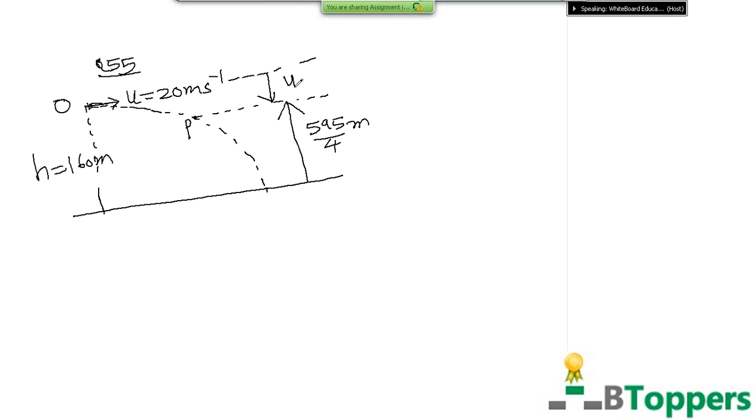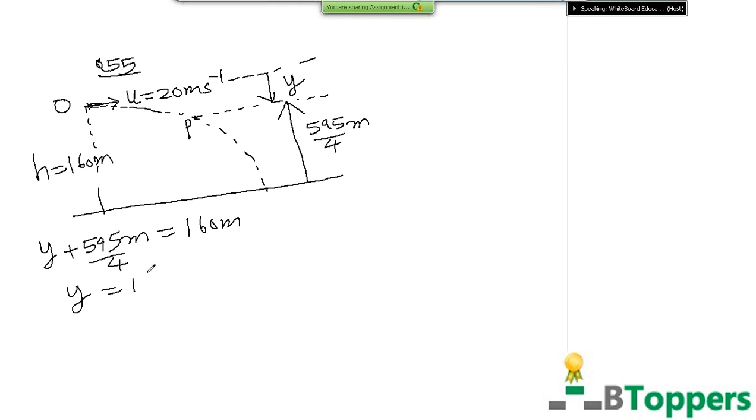Let small y denote the magnitude of the displacement in the vertical direction when it reaches the point P. The displacement y in the vertical direction is measured from the initial position O. So from the figure you can observe y plus 595 by 4 meters is equal to h, which is 160 meters.